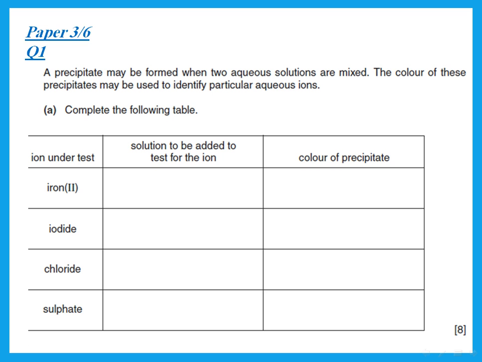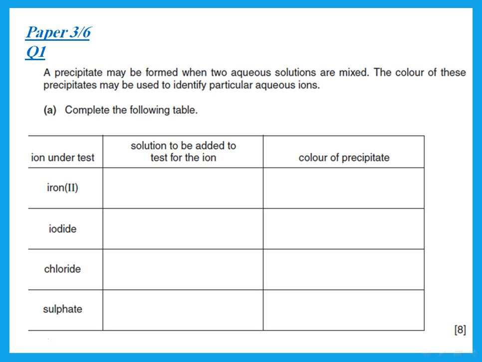Then the next questions are from paper 3 or paper 6, which need short answers. A precipitate may be formed when two aqueous solutions are mixed. If he asks what is meant by precipitate, it is a solid that is formed from the reaction of two solutions. The color of these precipitates may be used to identify particular ions.